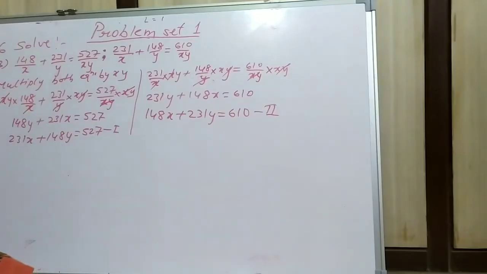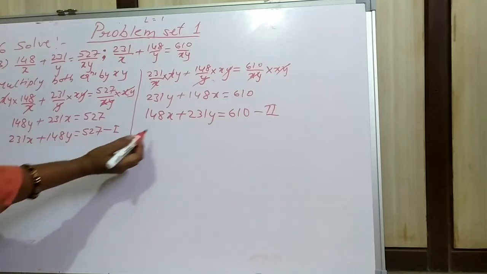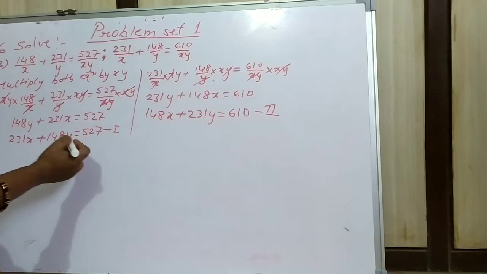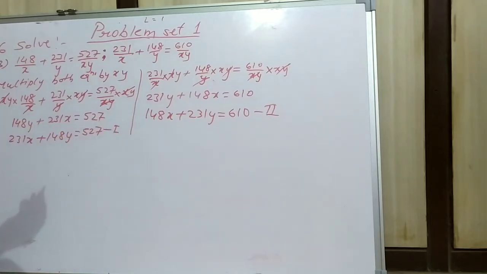Now observe these equations. The coefficient of x here is 231, and in the second equation the coefficient of y is 231. So alternate terms are similar, so you have to use the alternate method.